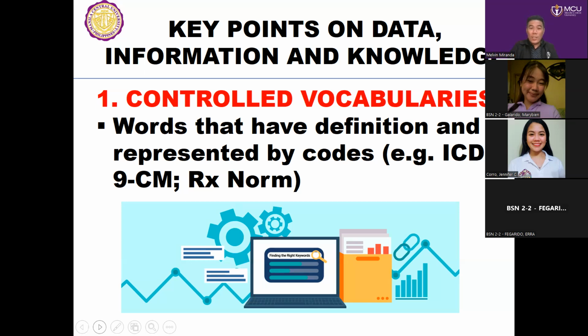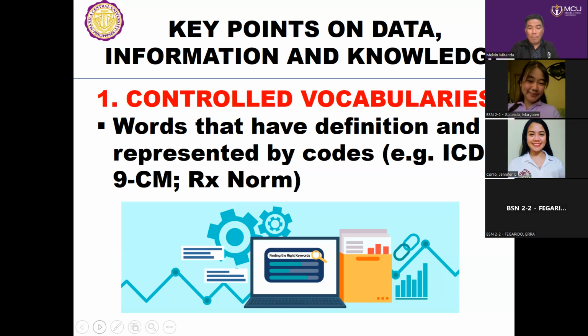Ito po ang pinaka-updated na version, kasi ang nilagay ko pa ditong example is ICD-9-CM eh. Ang pinaka-updated ngayon po na International Classification of Diseases ay yung ICD-10-CM. Yan na po ang international code source.